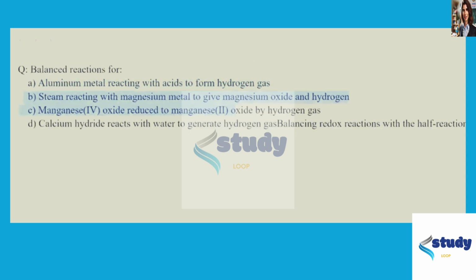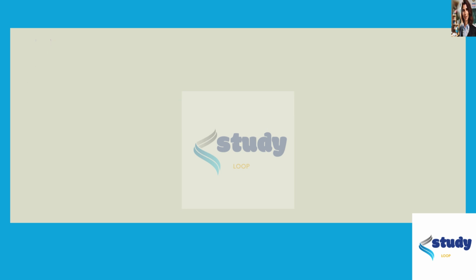Going back to our list, our next question is steam reacting with magnesium metal to give magnesium oxide and hydrogen.